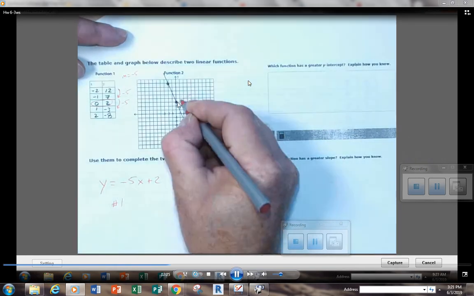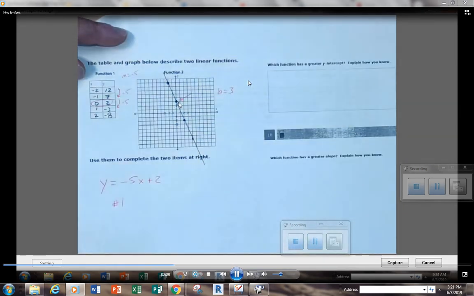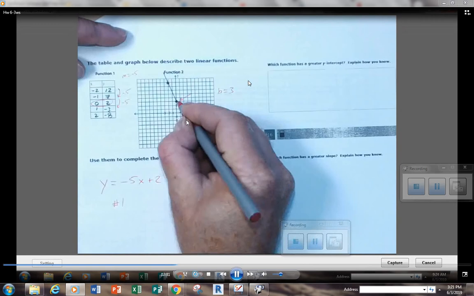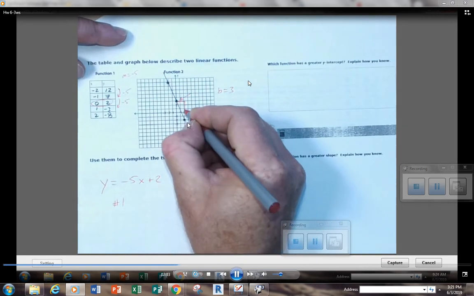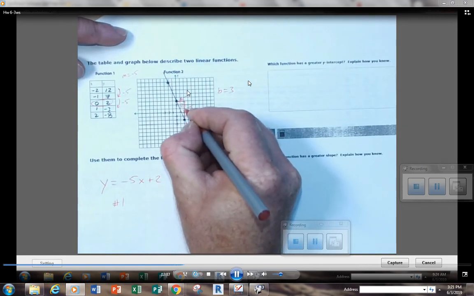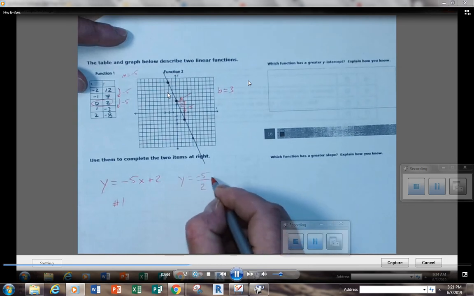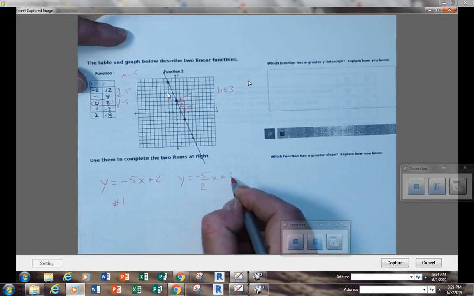That is the equation for that table. For my line, the equation has a y-intercept of 3 and looks like over 2 down 5 for my slope. If I put those two together, y equals negative 5 halves x plus that 3.